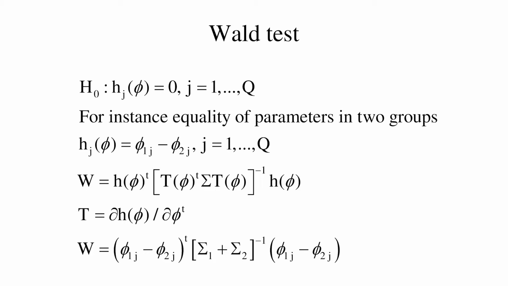Then the Wald test is again a quadratic form, and so it's here, that's the bottom line, a quadratic form in the difference between these 2 parameter estimates, weighted with the variance-covariance matrix, and that leads to the Wald test.